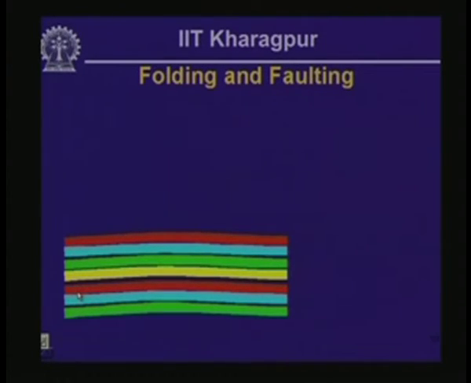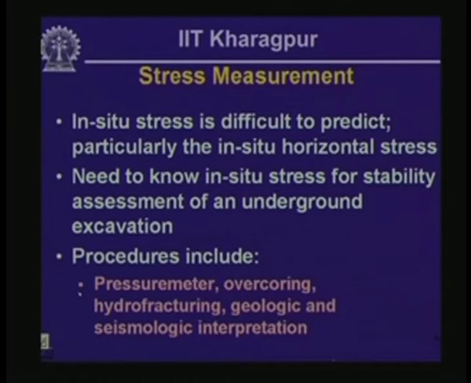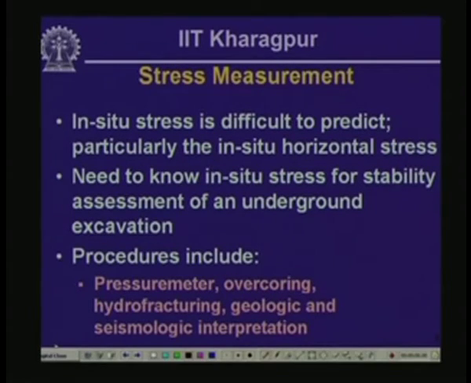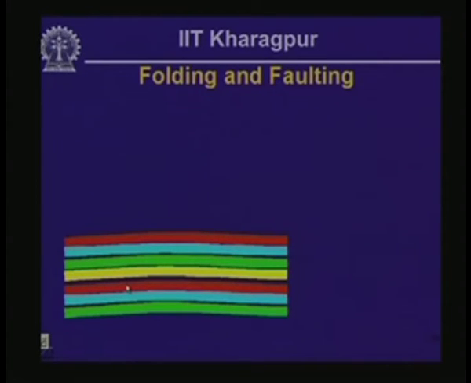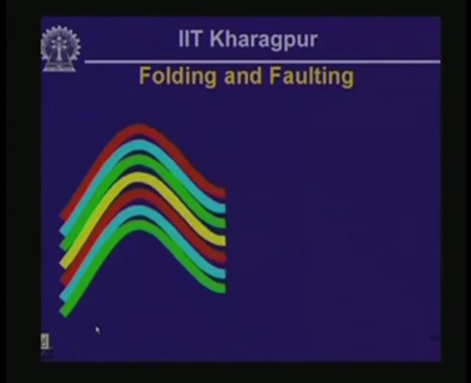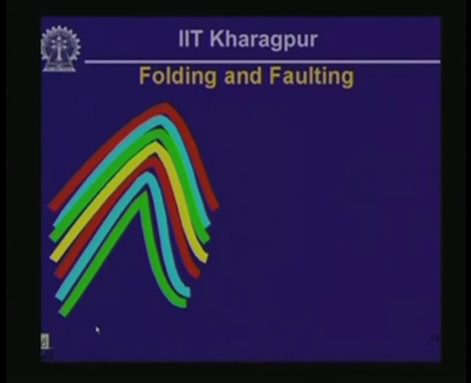Now, what is going to happen to this particular rock mass? Okay. Now, if we try to squeeze the rock mass, then the deformation is going to be like that.